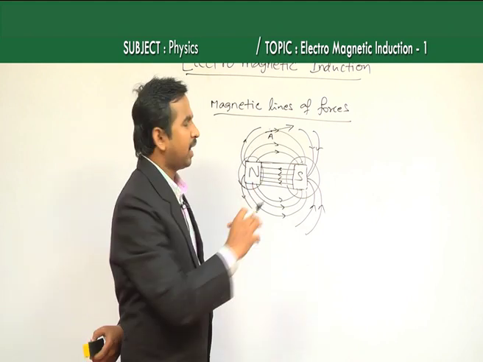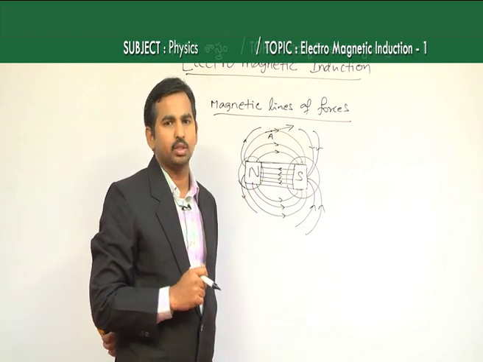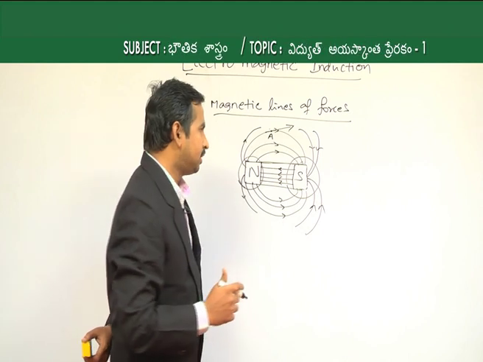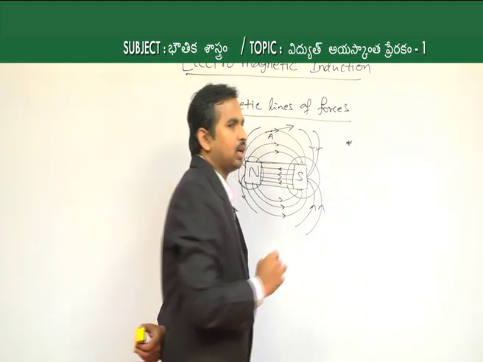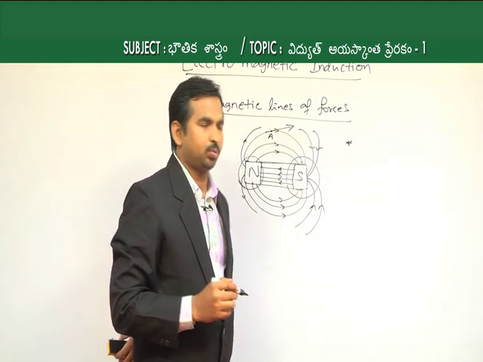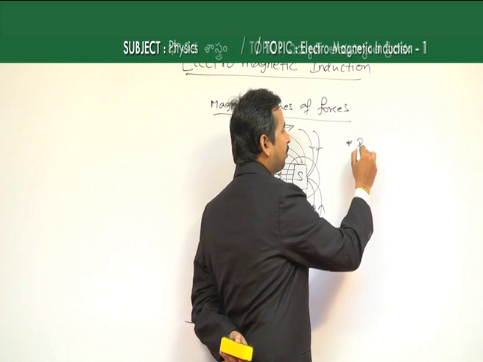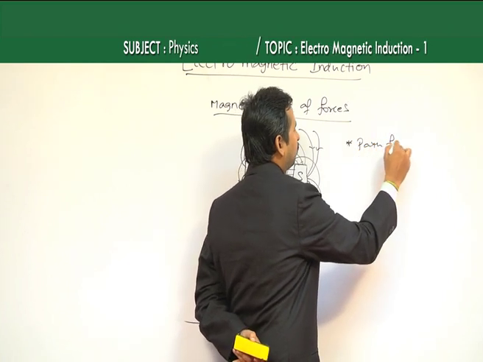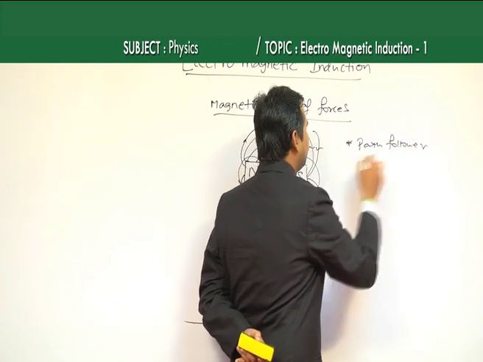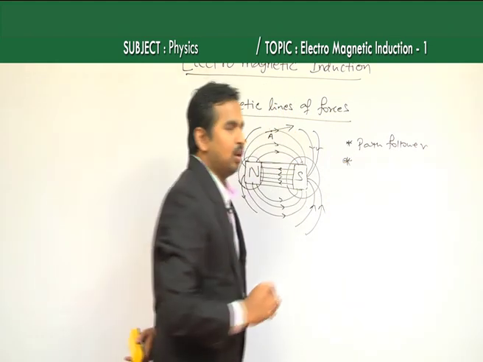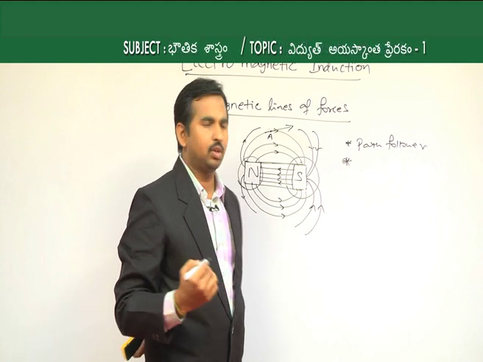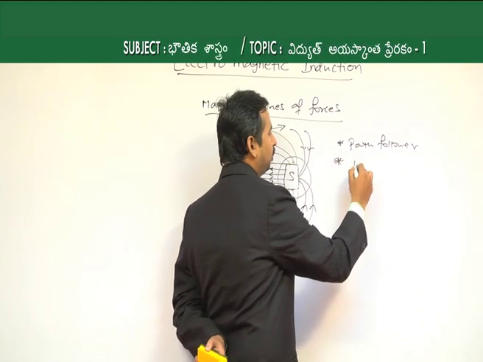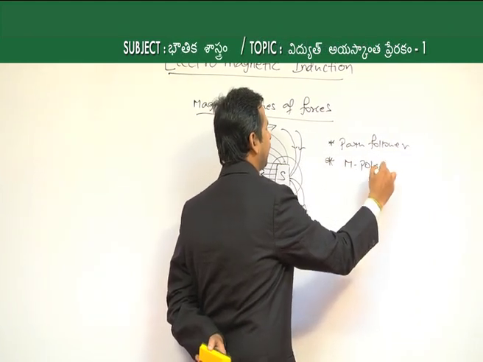These are the magnetic lines of force properties we have. The first one: a magnetic line of force is nothing but the path followed by the north pole. The next one: the position where we have more magnetic lines present, we call that a magnetic pole.